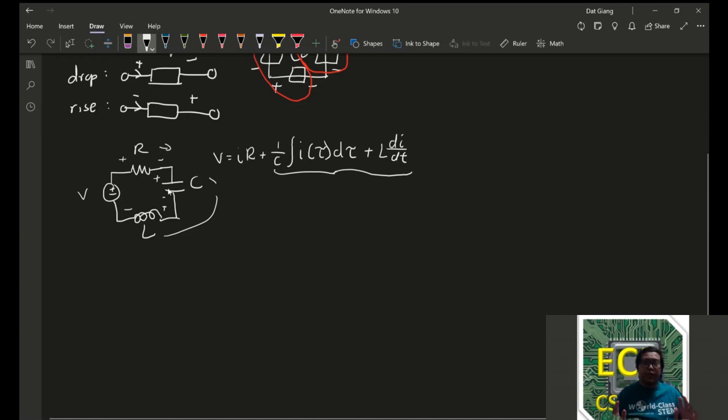But if the viewer has not seen the result just yet, they can safely ignore this. Notice that this models the voltage of the resistor, this models the voltage of the capacitor, and this the inductor. Notice that it's equal to the voltage rise when we sum it up and go around this closed loop. So that's where Kirchhoff's voltage law may be used in situations where we really can't use shortcuts.